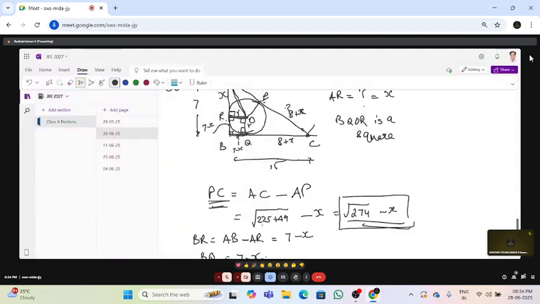So look at this square. This R is same as BQ. So the radius of the circle is same as BQ, and BQ we know is 7 minus x. BQ or BR, that is equal to 7 minus x. R equal to 7 minus x. That's all.